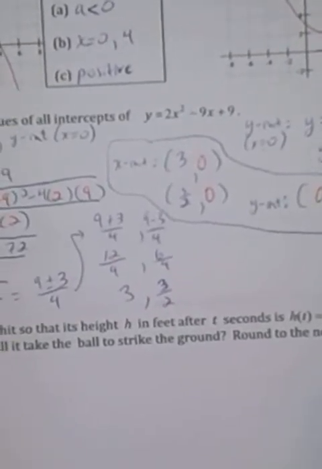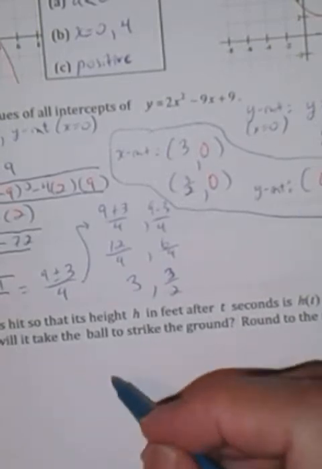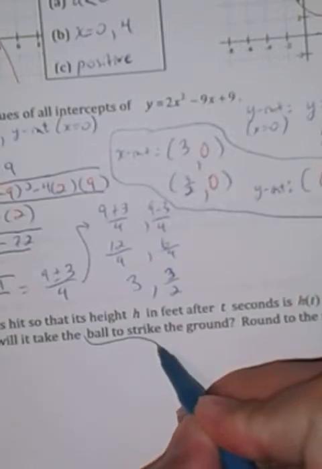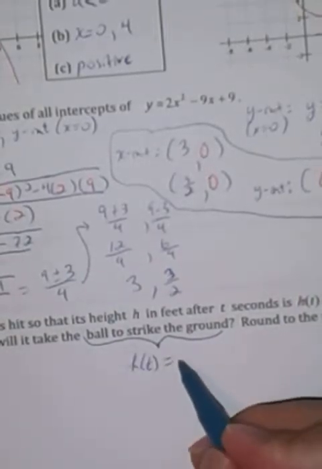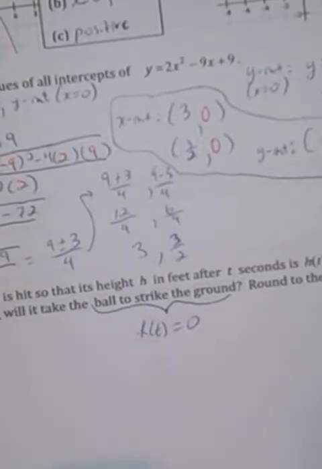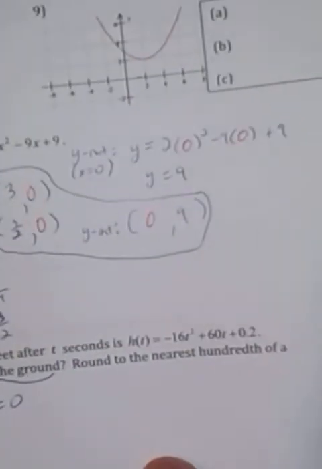What does that mean? How long will it take the ball to strike the ground? When the ball strikes the ground, that means the height h of t should be 0. And so you write this equation with h of t equals 0. Remember, h of t is just y, so it's a single number.